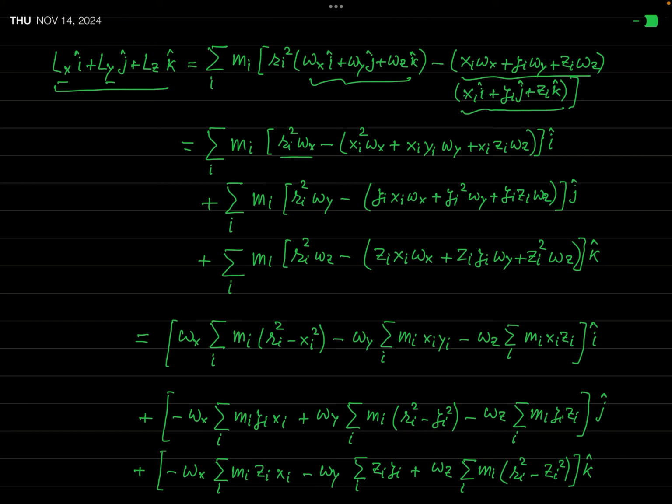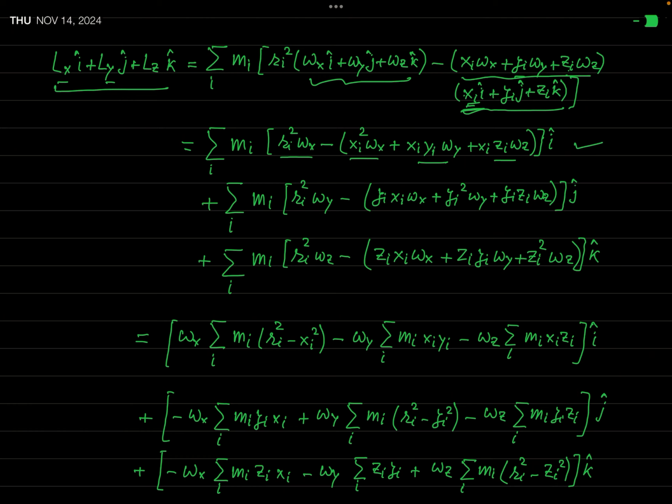Then you can take the product of these three terms, xi omega x, yi omega y, zi omega z, with this xi i. When you take the product, your result will be xi square omega x after multiplication of the first term. Then the second term will be xi yi omega y. The third term will be xi times zi times omega z. And i will be a common factor.